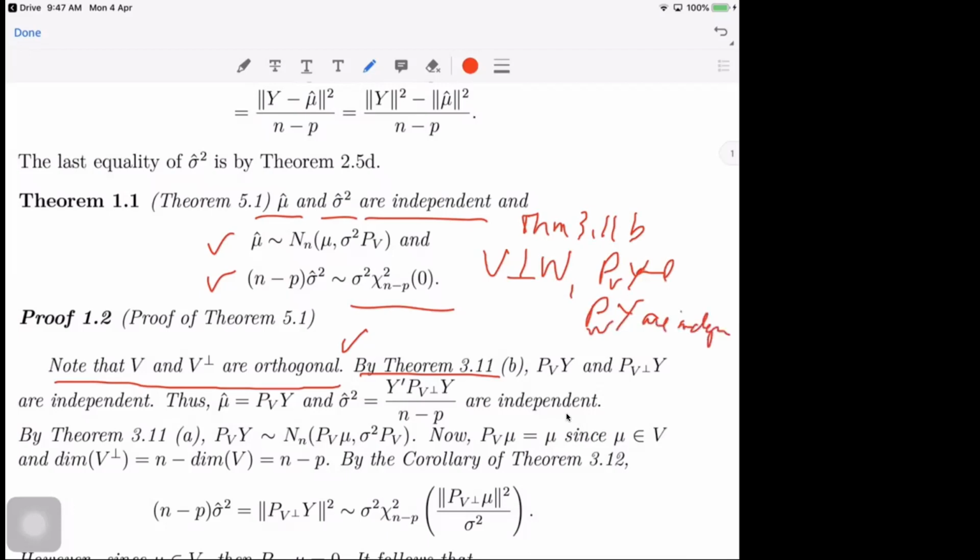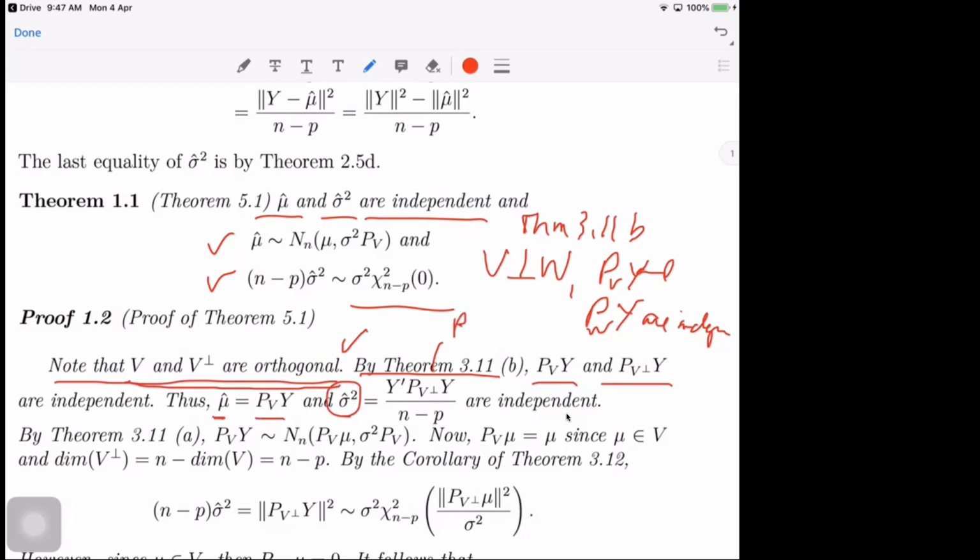So we will use this since these two are orthogonal, then the projection of y onto v and the projection of y onto b perp will be independent, but mu hat is a function of the projection of y onto v, and sigma hat squared is a function of the projection of y onto b perp.